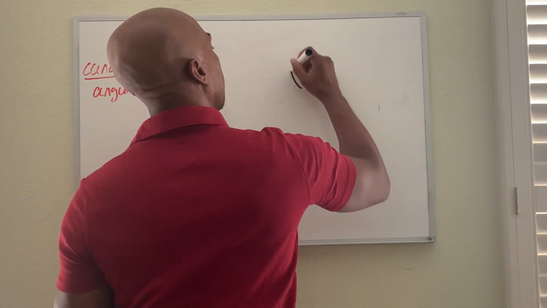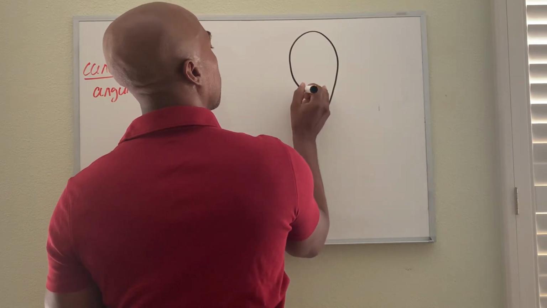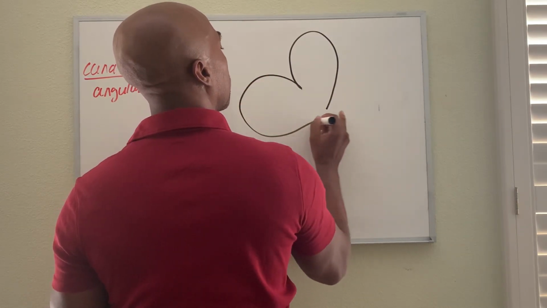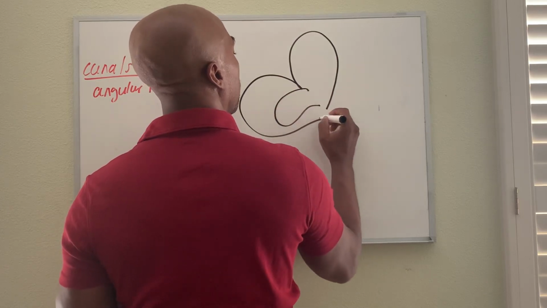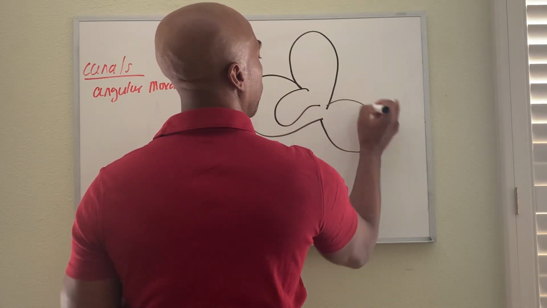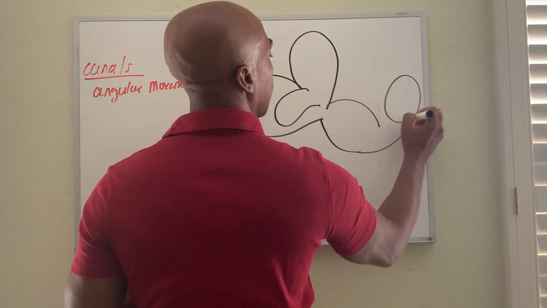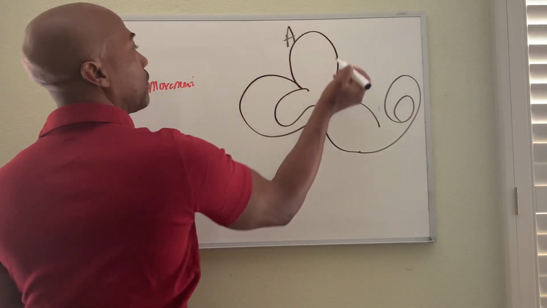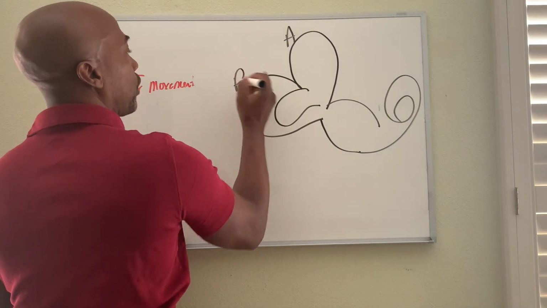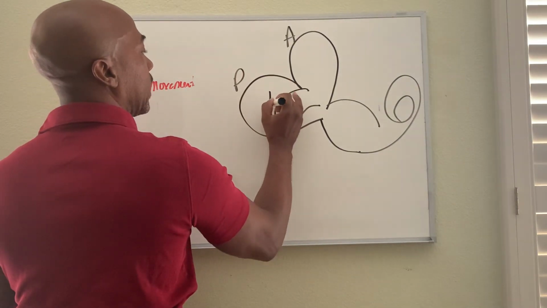There's 1 canal here, there's another one right here, and one like so, attached again to your vestibule and then the cochlea. So 1 canal is called the anterior canal, 1 is the posterior canal, and 1 is the lateral canal.